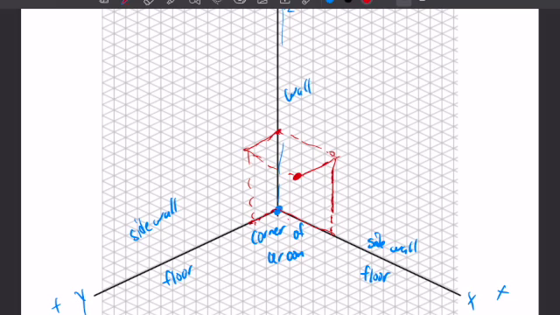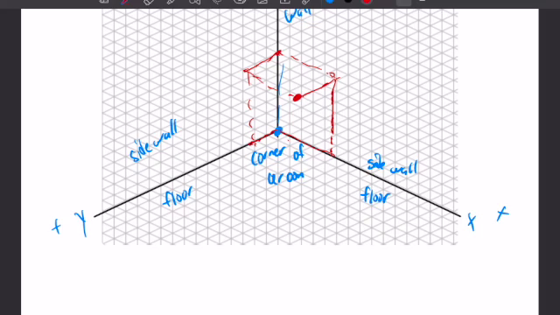But what we do in physics is we take something as complicated as 3 dimensions and break it down into 1 dimension at a time. So lest this get too confusing, we study 1 dimension at a time. And 1 dimension is a line.